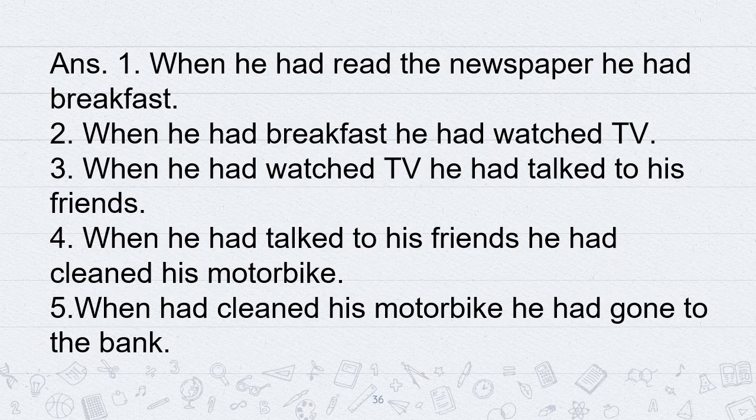Third, when he had watched TV, he had talked to his friends. Fourth, when he had talked to his friends, he had cleaned his motorbike. And fifth, when he had cleaned his motorbike, he had gone to the bank.